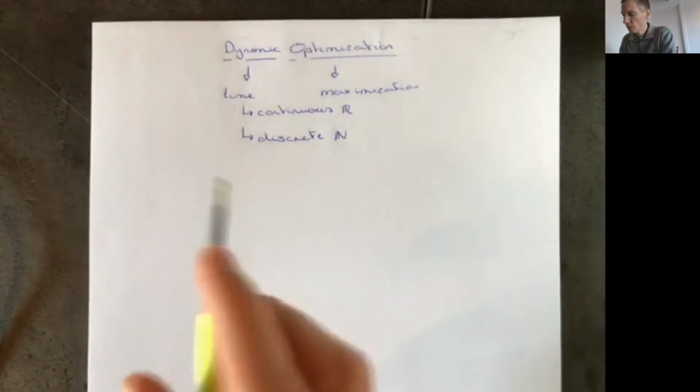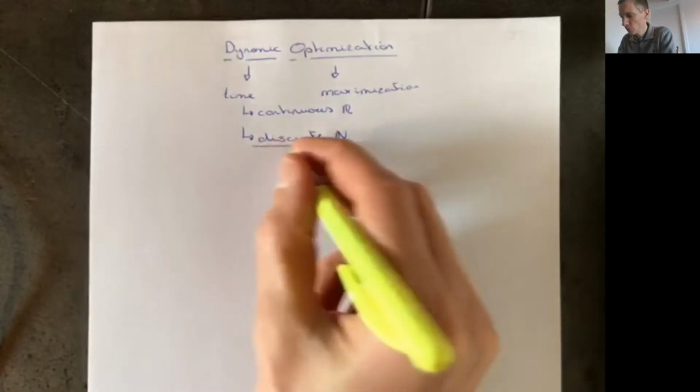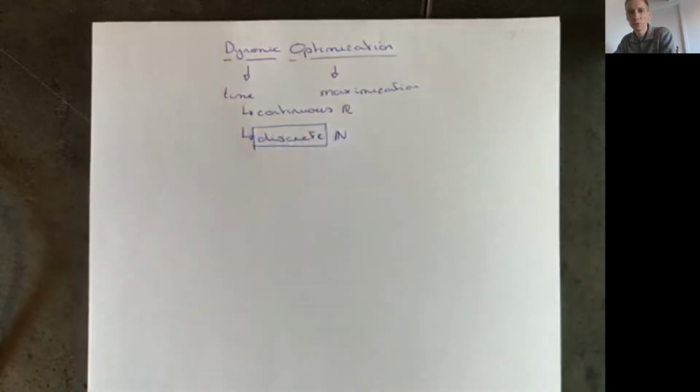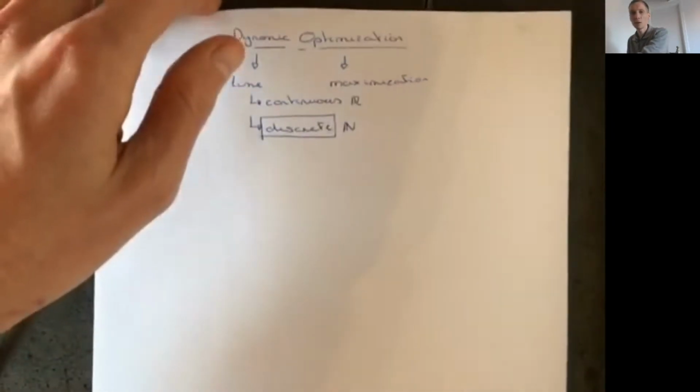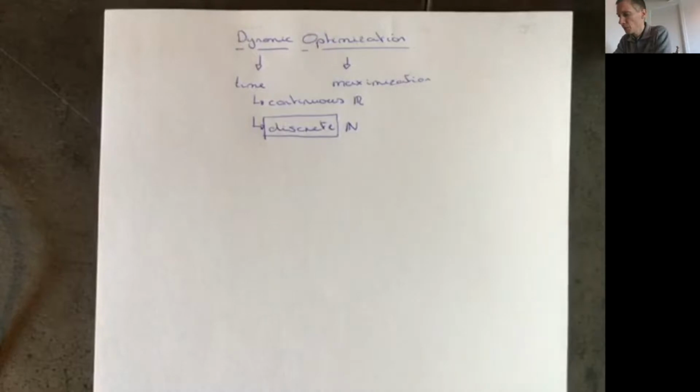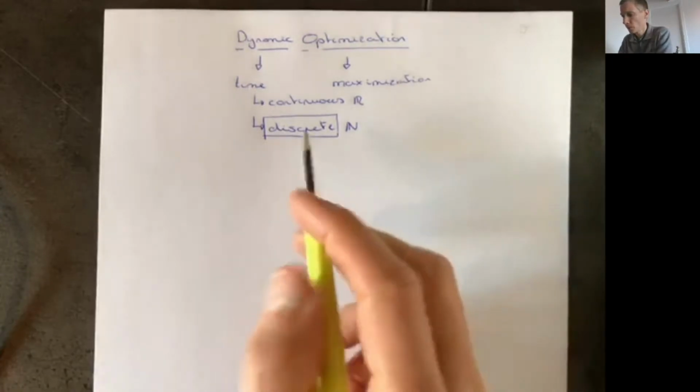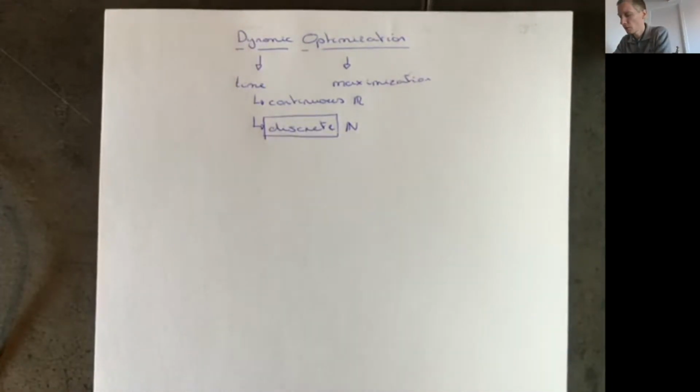So in this lecture we're going to focus exclusively on discrete time dynamic optimization models. Discrete time dynamic optimization models have some advantages. The first one is that you can use more easily the concept of what we will call Bellman equations, which is the main mathematical tool that we will use during these lectures.